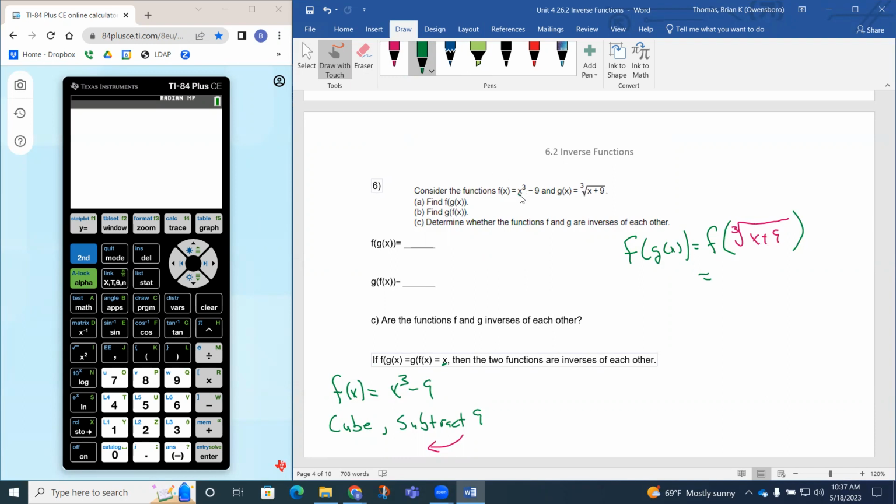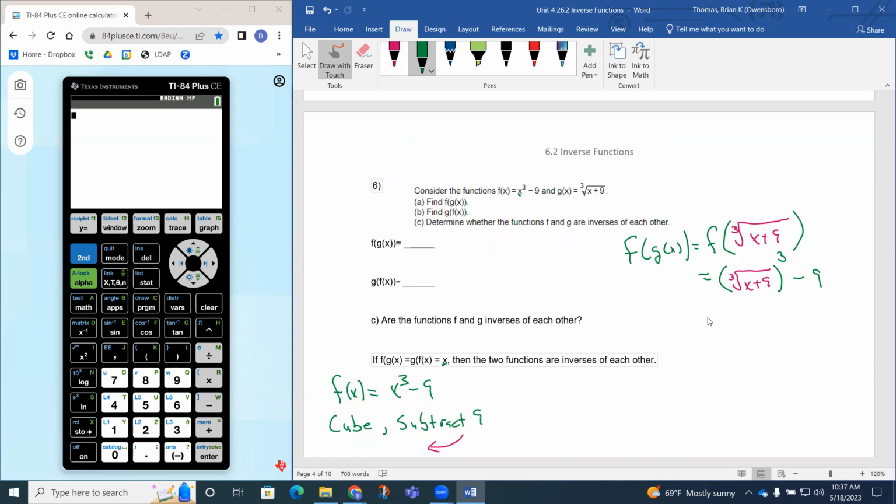So it's going to replace this x here. So what I should have now is this cube root of x plus 9 is going to go in place of x, and x is cubed. And then we're going to subtract 9.